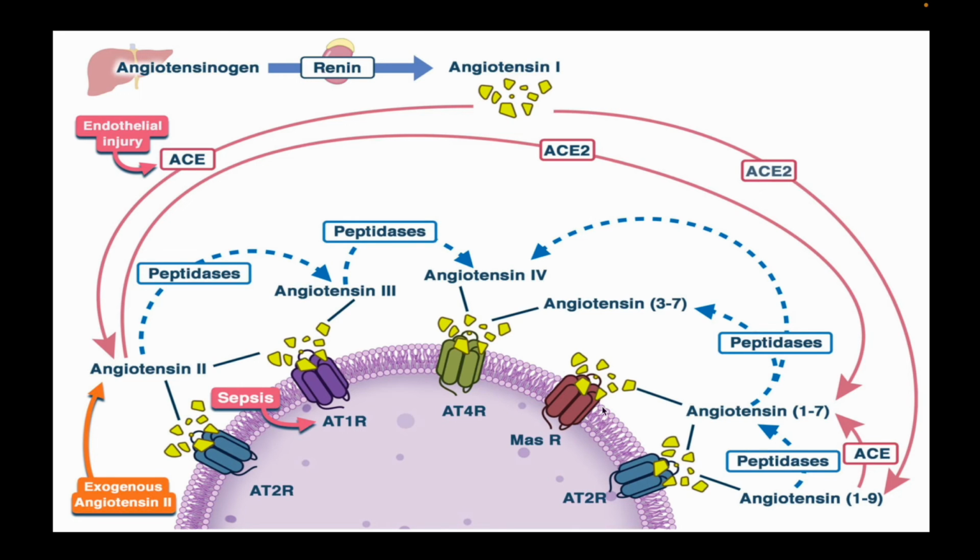So these three receptors are the major receptors that are acting over here. Major action of the AT4 receptor is vasodilatation and anti-inflammatory, while the AT2, it mainly promotes improvement in the blood flow, that is vasodilatation, and similar anti-inflammatory pathway. The MAS receptor is mainly involved with the recovery and the anti-inflammation.